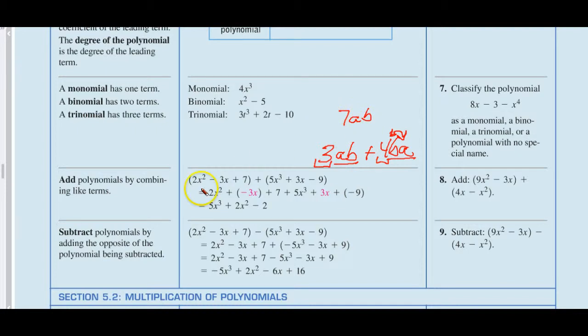Now, when we subtract, the key is, there's the subtraction, and then what follows is in parentheses. You take away the parentheses and just change the signs. That becomes a negative 4x. This becomes a positive x squared. And we said an excellent technique is to line these up in vertical columns.